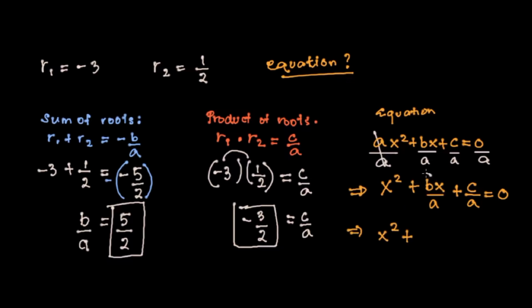Yan b over a na yan ay makikita natin yan dun sa sum of roots natin. Okay, that is 5 over 2, right? So we have 5 over 2 x. Ayan. Plus, lagyan natin ng plus dyan, yung c over a natin. At nagawa natin yan nung nahanap natin ng product ng dalawang roots.